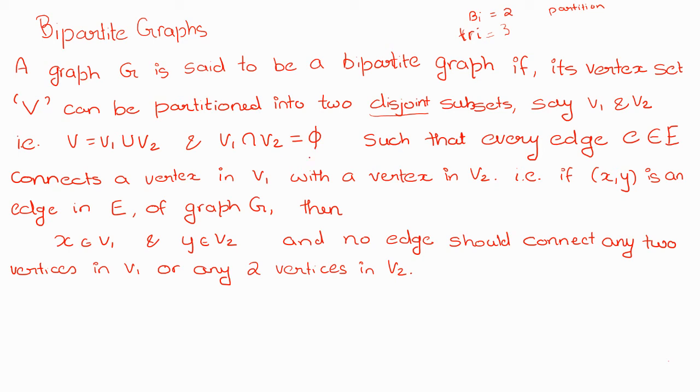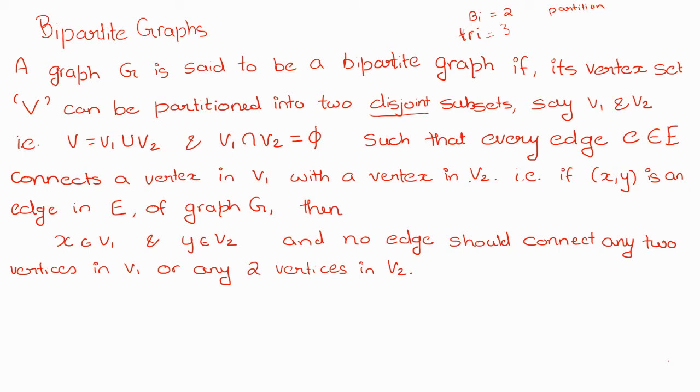That is, V1 and V2 are disjoint, such that every edge e belonging to E, where E is our set of all edges and the small e is one edge of the set, connects a vertex in V1 with a vertex in V2.